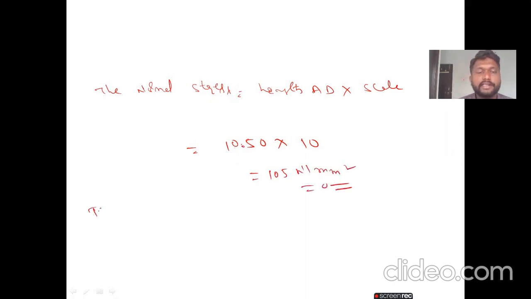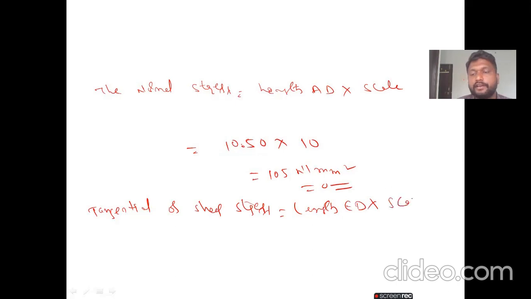Same like that, the tangential or shear stress equals length ED times scale. The length we got is around 2.60, multiplied by 10, we got 26 Newton per mm square.